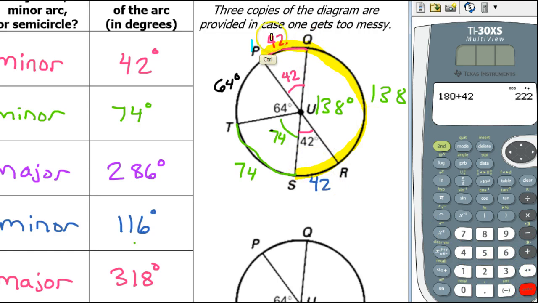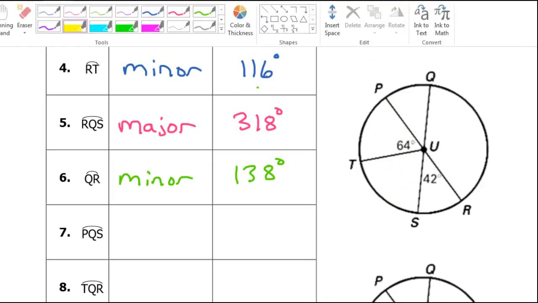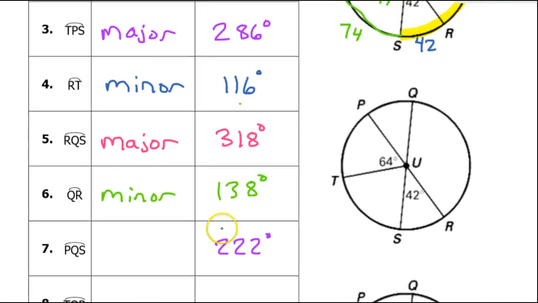All right, so 180 plus an extra 42, that's 222. Or I could have done 42 plus 138 plus 42. Either way, I get the same thing. Which obviously is a major arc.